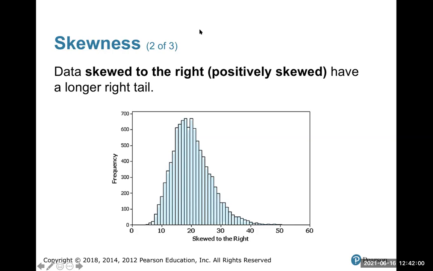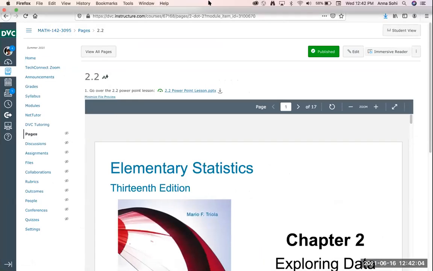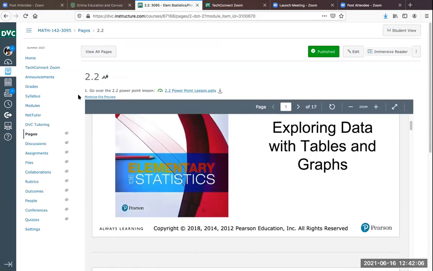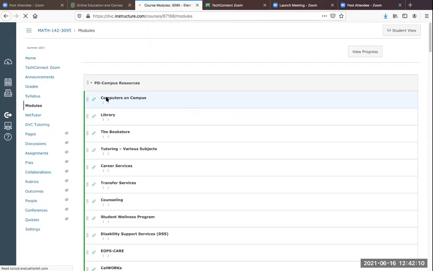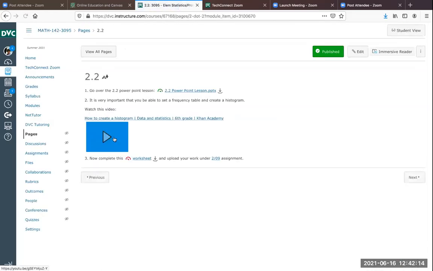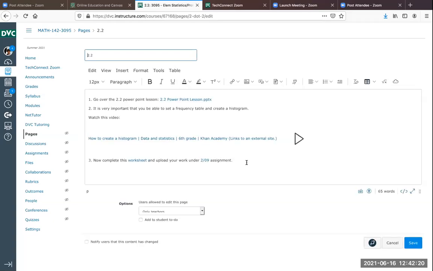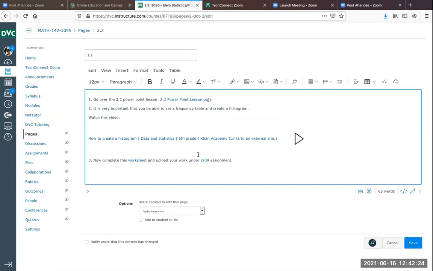So let's just do something before the ending. Let's go to modules. At the end of 2.2, I put a video, so I want to play that video. It's just, I think, 5-6 minutes. That's another, sort of short way of graphing a histogram, which I want you to get a general idea of.